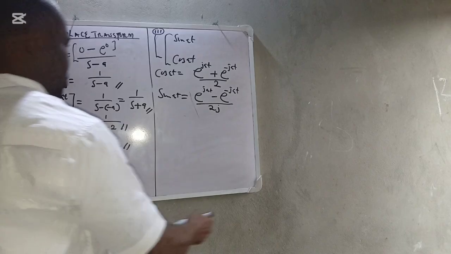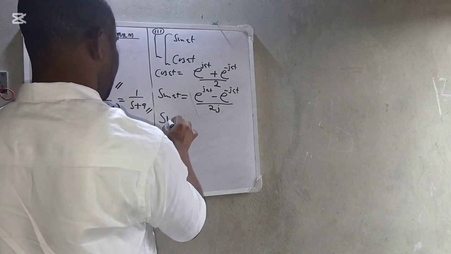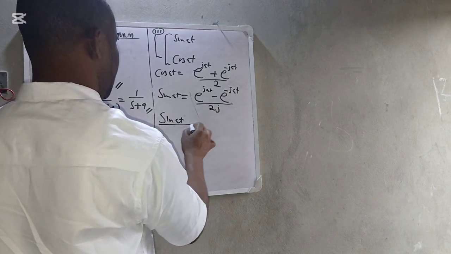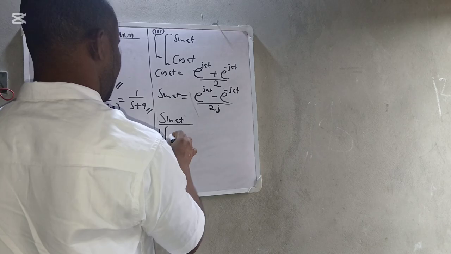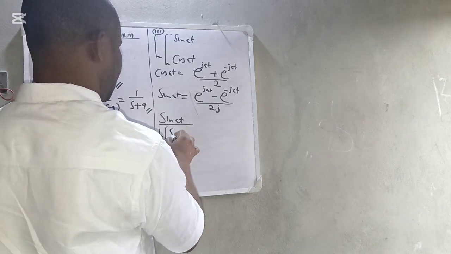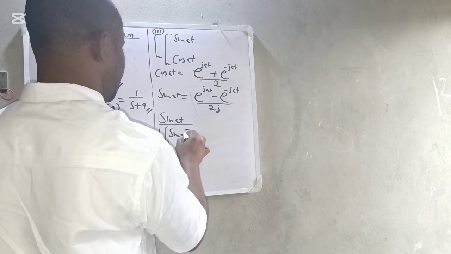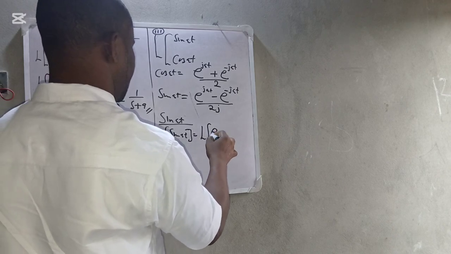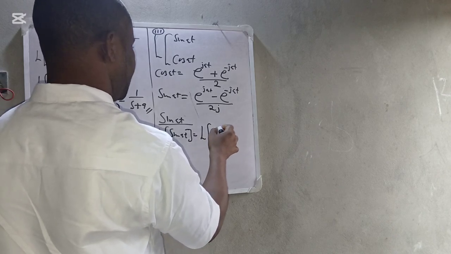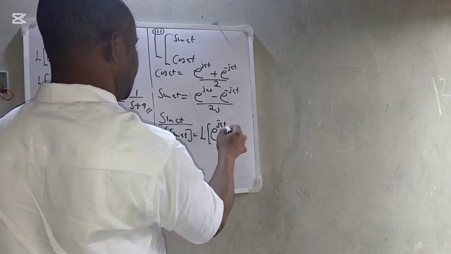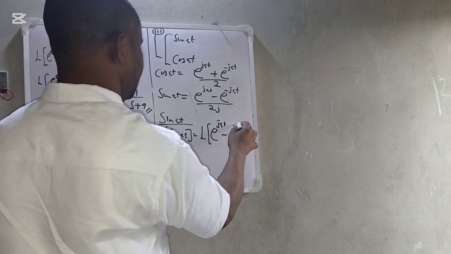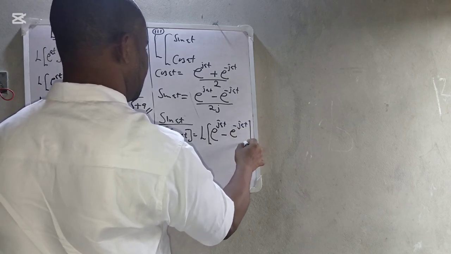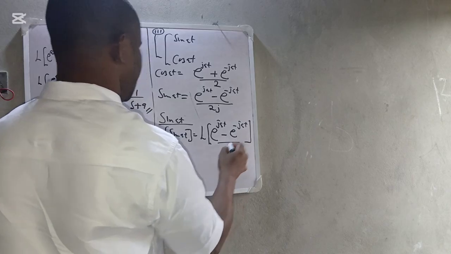So having known this, we can look for the Laplace transform of cos at and also of sine at. For the Laplace of sine at, this is the same thing as the Laplace transform of e to the jat minus e to the minus jat divided by 2j.